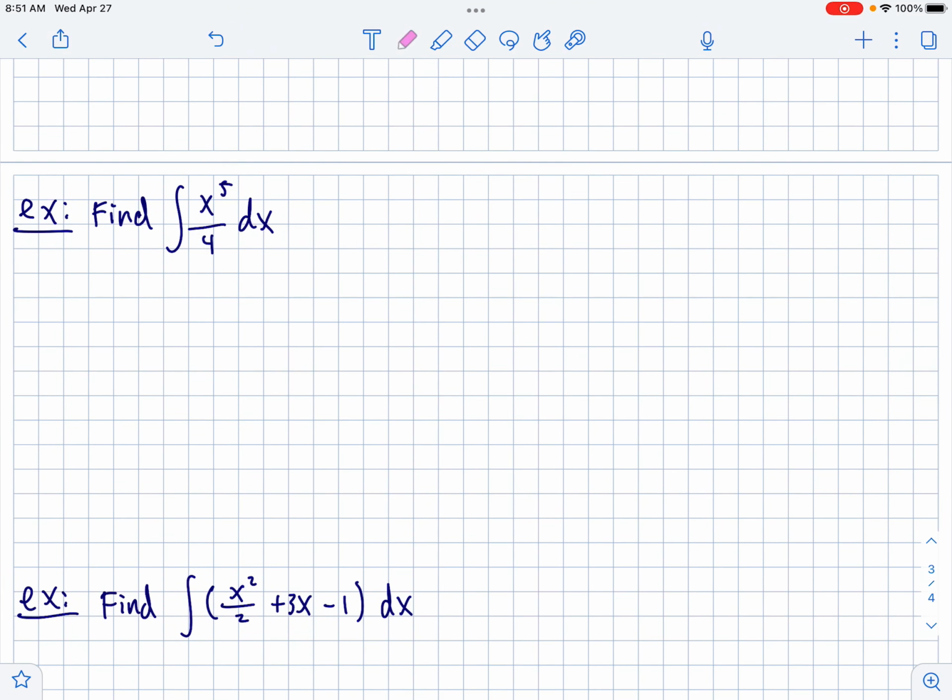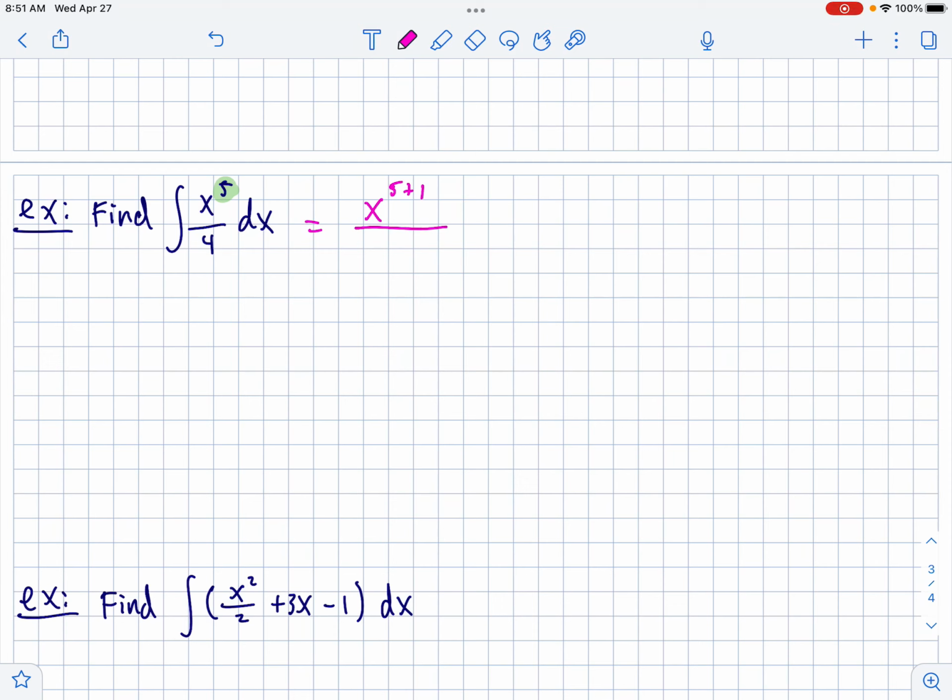So a couple little caveats there. Let me show you how that rule works. So here's a classic one where, if you try to think through it, this had to start out as a 6, but then 6 times what gives you a quarter? It can get a little complicated. So the way you do that is you just say capital F of x. You're going to raise the x to the 5th power, that's a 6.